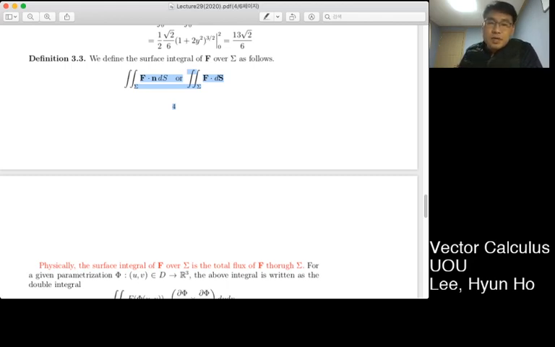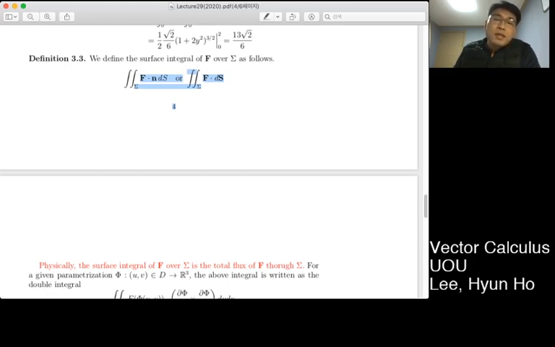This surface area element is a bold symbol, which means that we have a vector. The quantity is dS, the surface area element, as the size of the vector, but the direction is the normal direction. So actually we have to integrate this quantity F dot n.